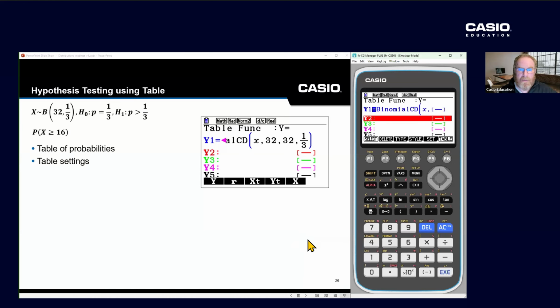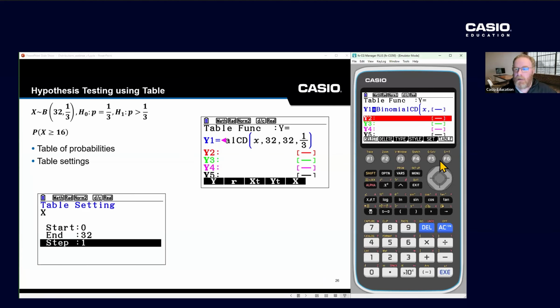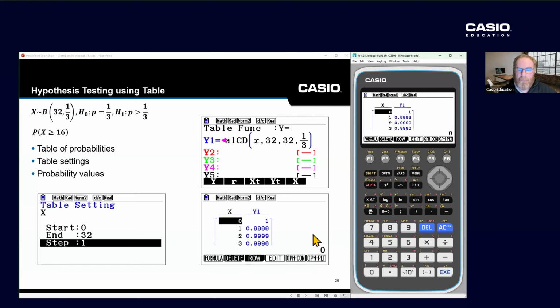I do need to set the table again because remember it only went from 0 to 5 to begin with. Now we need it to go 0 to 32. Then when we calculate the values, we get our table.